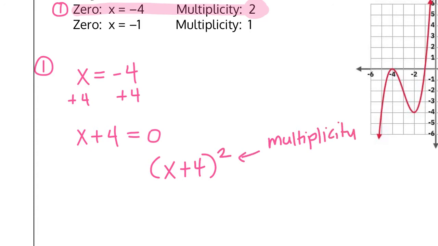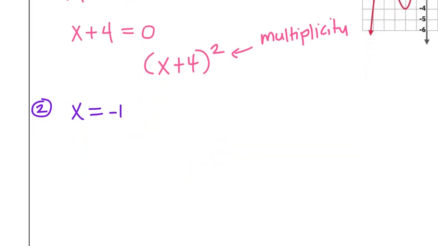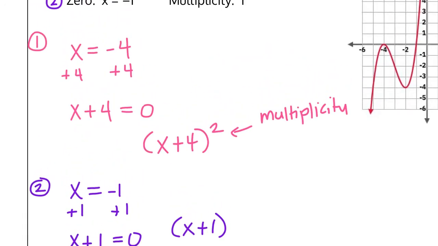Okay, now let's do the other zero that I have. I'm going to call this zero number 2. In that one, I have x equals -1. Again, I want the x and the 1 on the same side, so I'm going to add 1 to both sides. That gives me x plus 1 equals 0. So my factor here is x plus 1. I'm going to go back up really quickly.